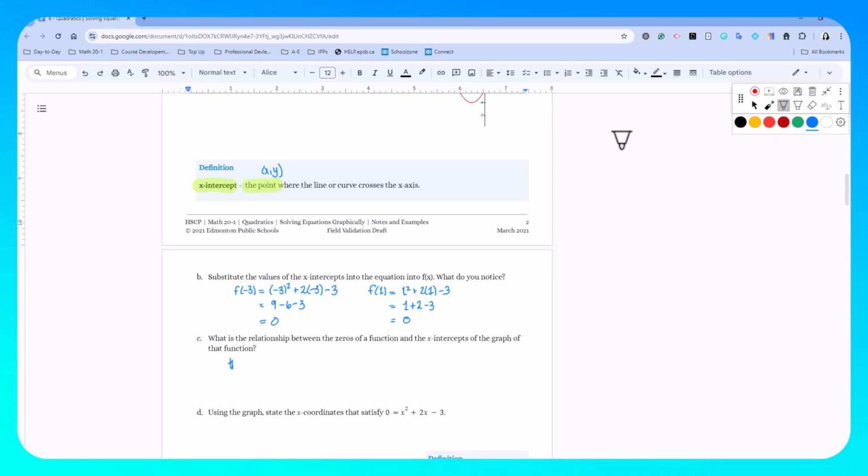Well, the x-coordinate of the x-intercept, to be precise, is the same as the value of x that makes the function f of x equal to 0.